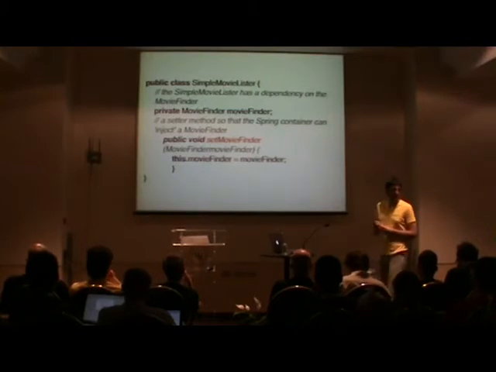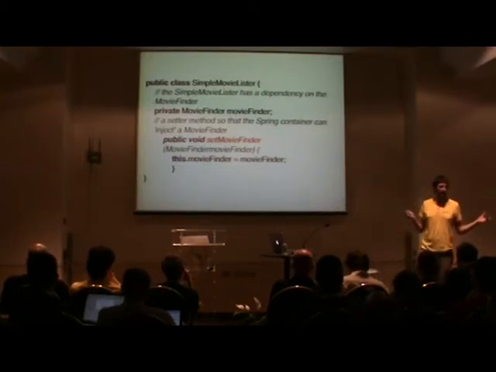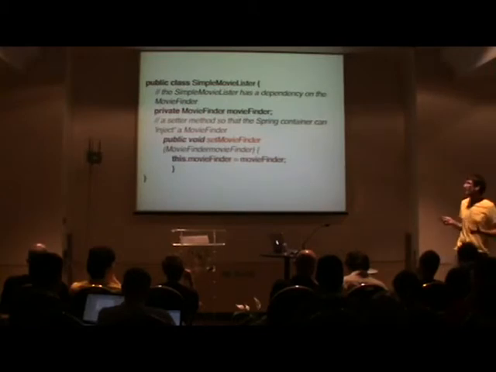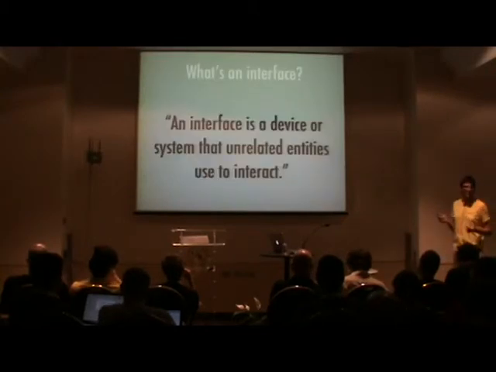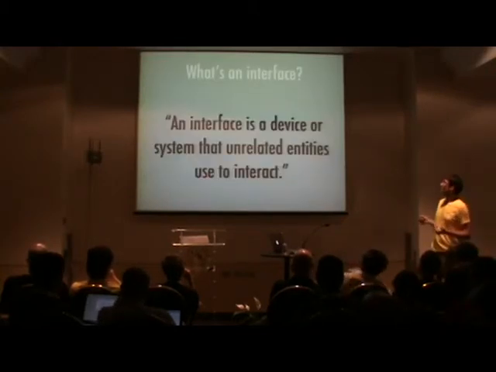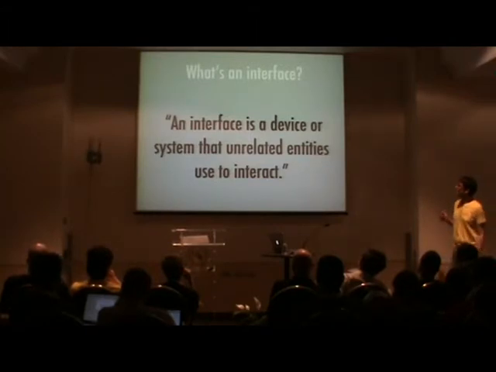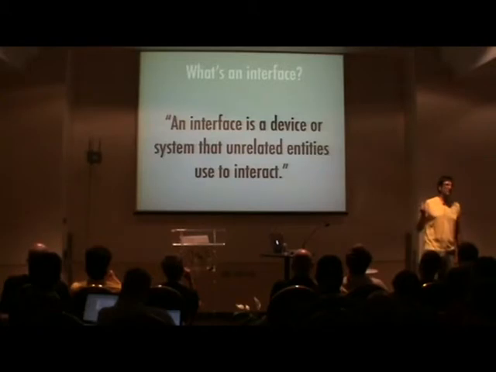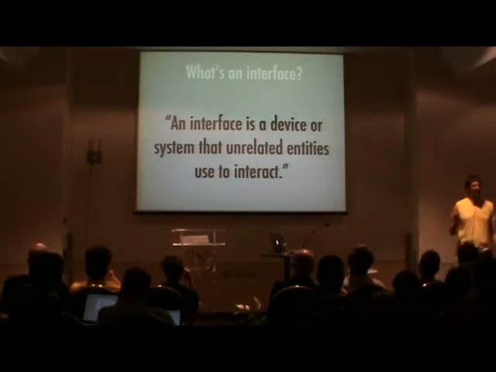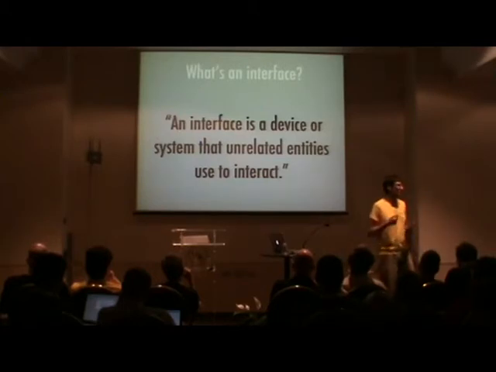What is an interface? I think that everybody has heard about the concept. This is the English term for interface. It's a device or a system that unrelated entities use to interact. I think it's a good definition. It's actually from the Oxford Dictionary. In Python, we don't have a concept of formal interfaces.